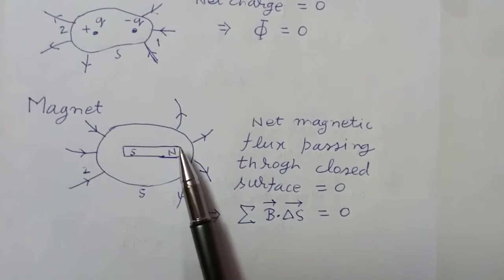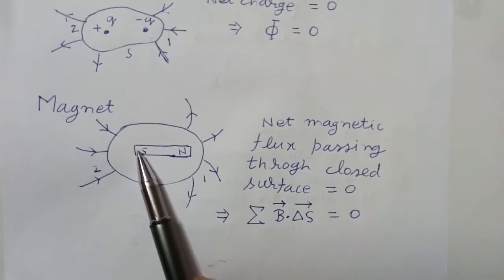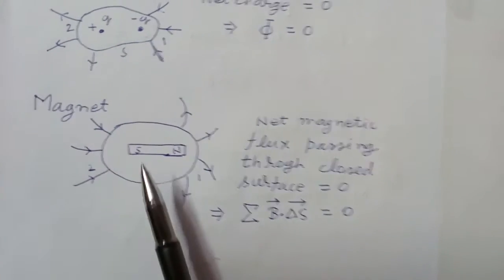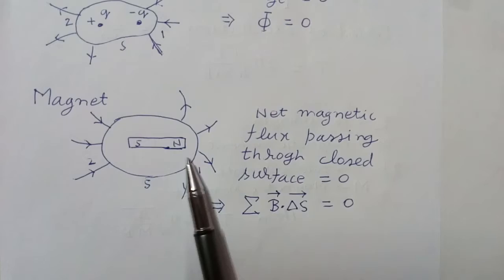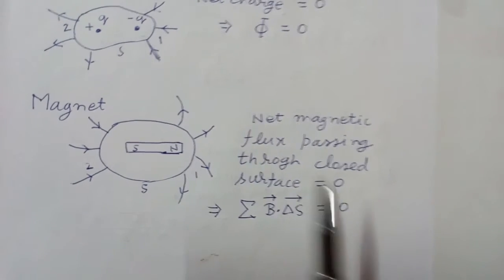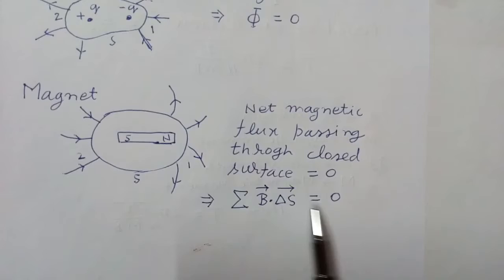Because magnetic field lines originate from north pole and terminate at south pole outside the magnet. So here net flux is 0 and we know that we cannot separate north pole and south pole. So in case of magnet, summation B dot delta S is equal to 0.